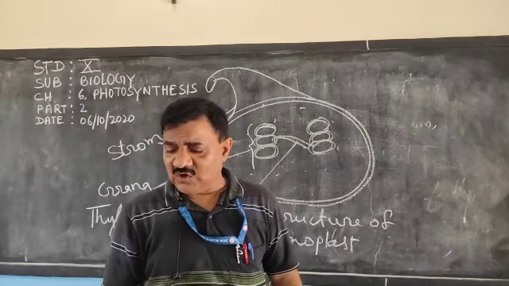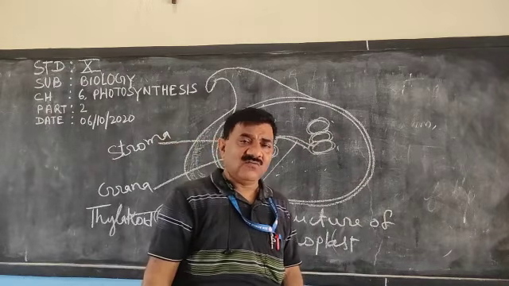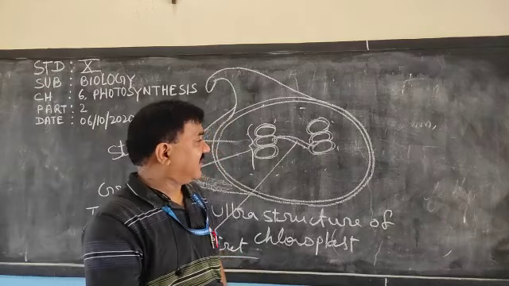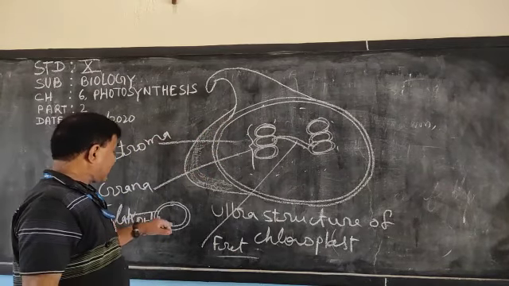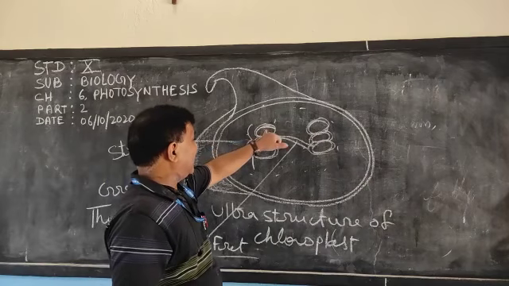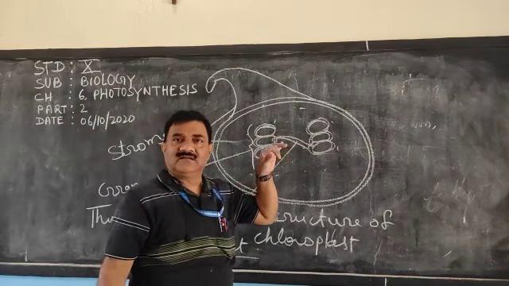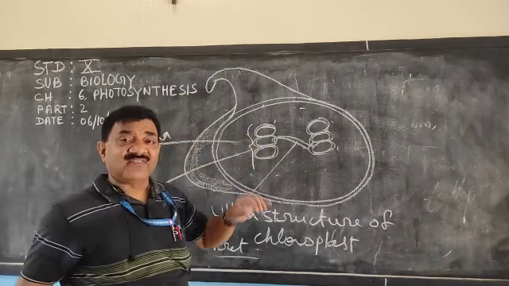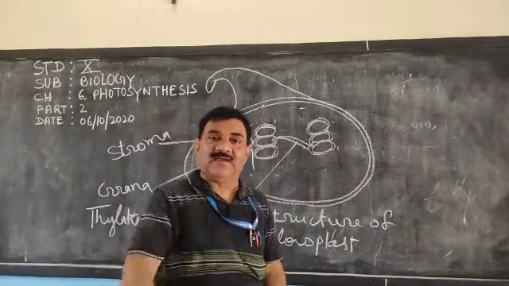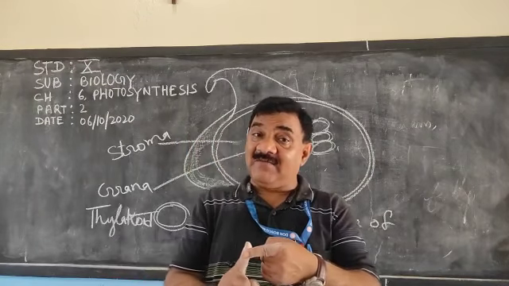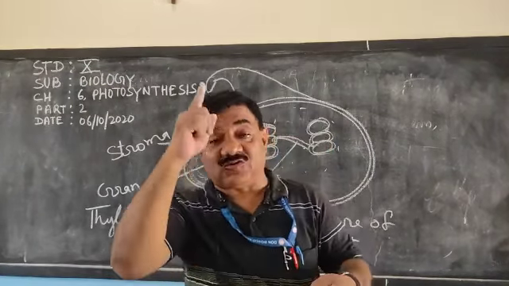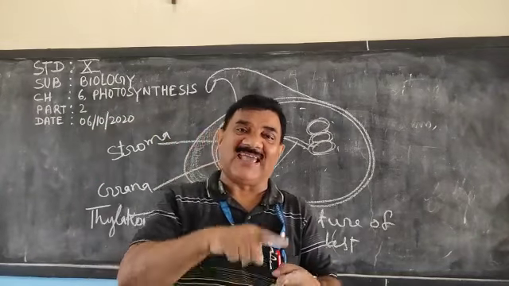And why is chloroplast necessary? That part is important, because these thylakoids, you can see 1, 2, 3 thylakoids here. The walls of the thylakoid contain a green pigment, and that green pigment has the capacity to convert solar energy into chemical energy.